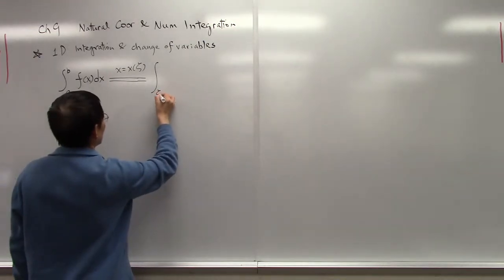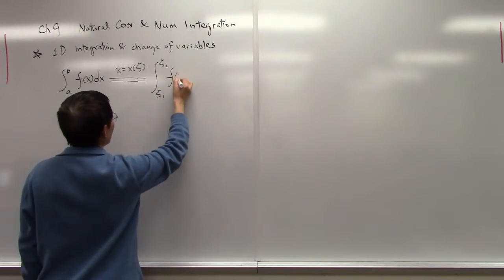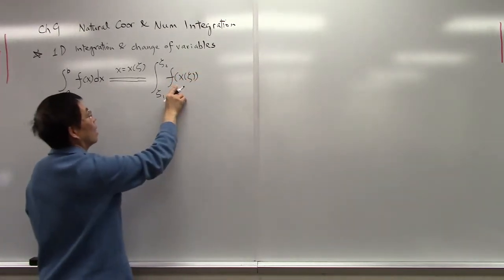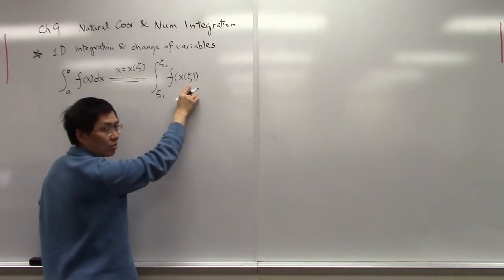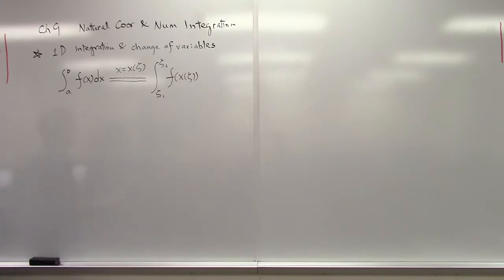These change to theta 1 and theta 2. Now f is a function of theta. So this is a composite functional relationship here. At the end, you can view f as a function of theta now.